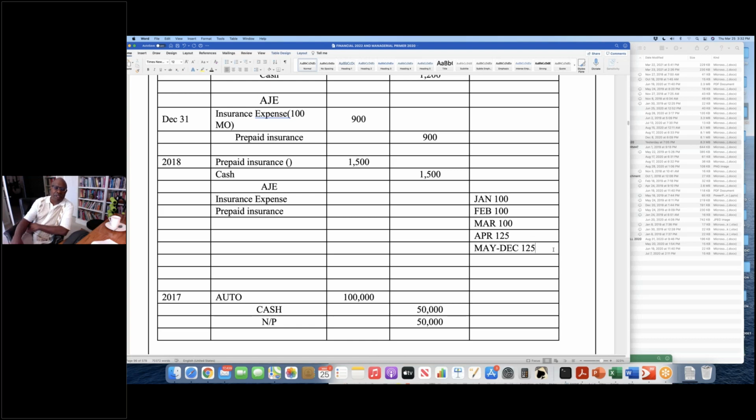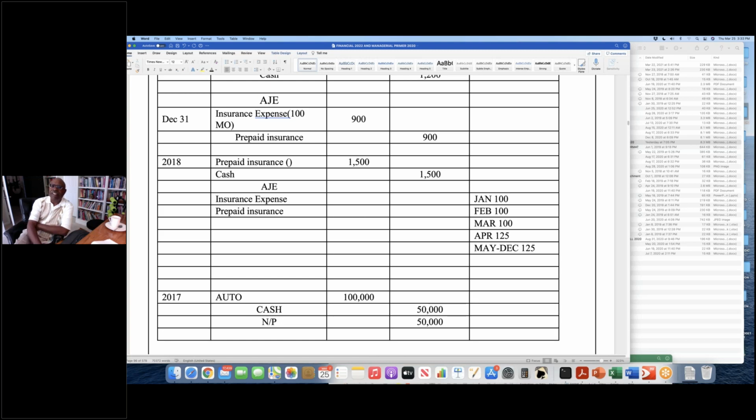Well, you tell me how much you would have paid now. How much would you have paid in 2018? 1,000. And you're going to still be in there paying the person $1,000? No. Maybe not. How much would you pay from January to December? 1,425.